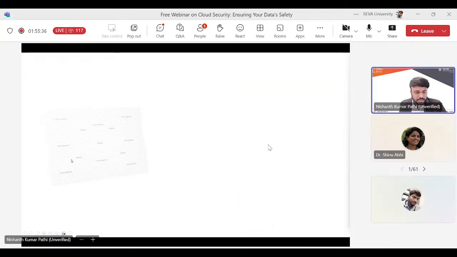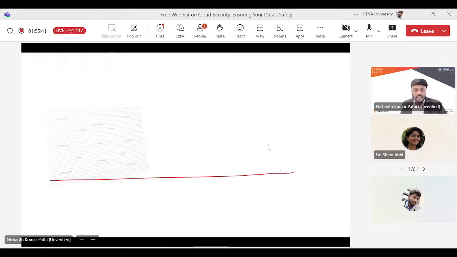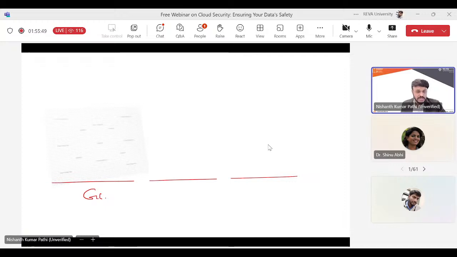In a typical SSO, what would happen in a typical multi-cloud environment? It doesn't matter which cloud provider you are. Let's say this is GCP, this is Azure, and this is an on-prem Kubernetes cluster.